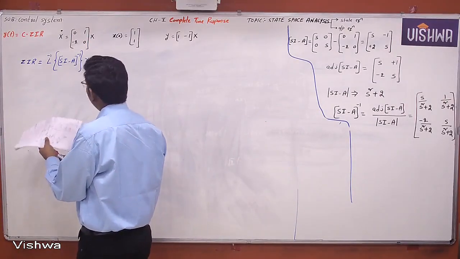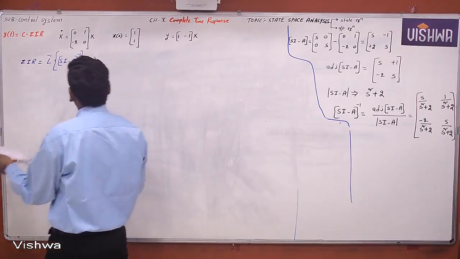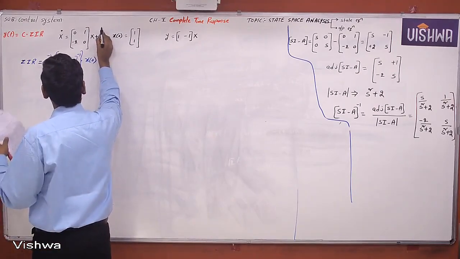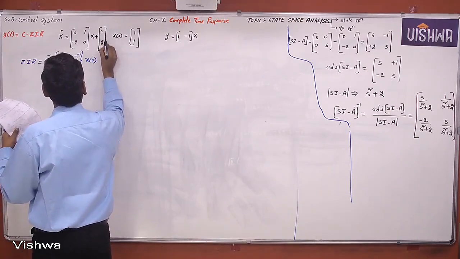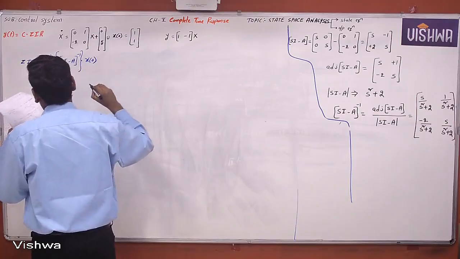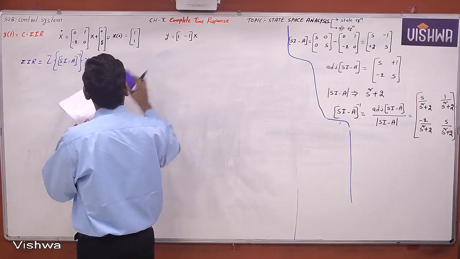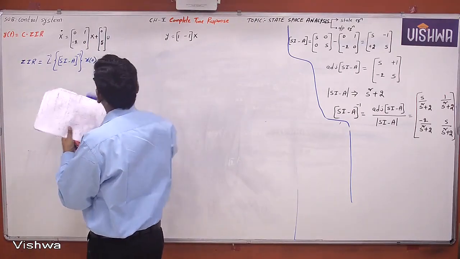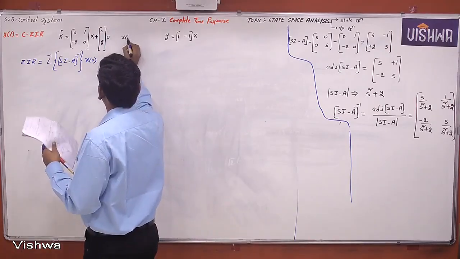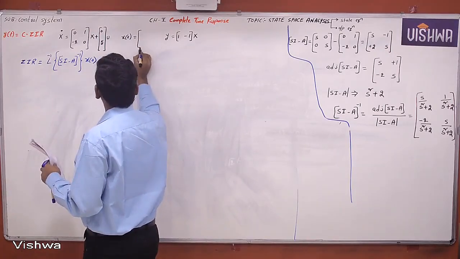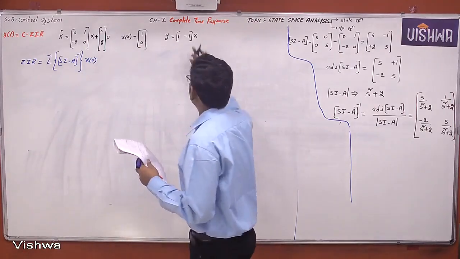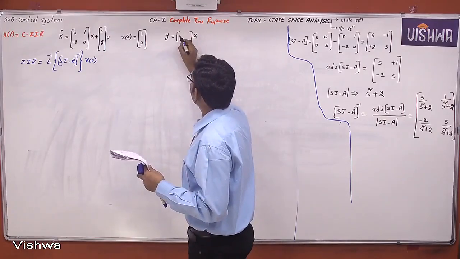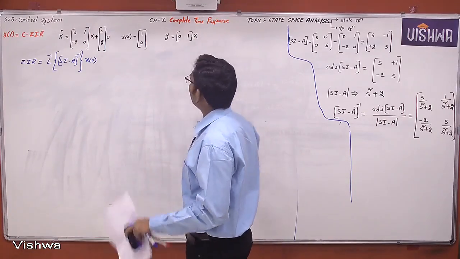Now this is the state space model which is given, plus 0, 5 into u, where x of 0 is 1, 0 and y is 0, 1 into x.